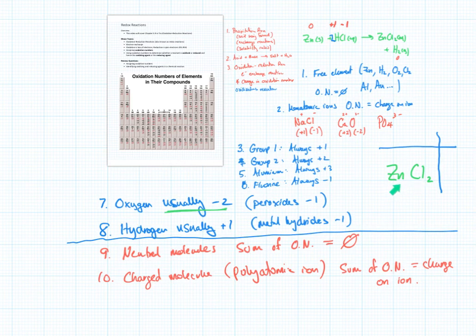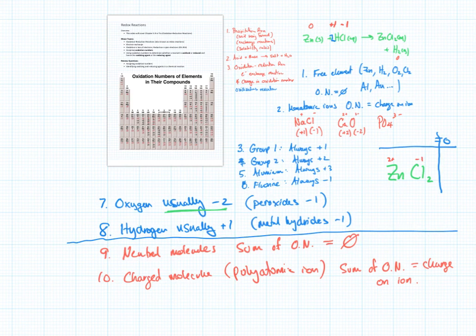is not a charged species, it's a neutral molecule. There's no charge on it. Therefore, the sum of these has to equal 0. I don't know what chlorine is necessarily, but I do know what zinc is. How do I know? Well, I know it has to be a +2 charge, otherwise that subscript 2 would not have ended up there. Chlorine's always a -1 charge. Therefore, the zinc must be a +2 charge. So the ion charge of zinc is 2+, and the ion charge of chlorine is -1.